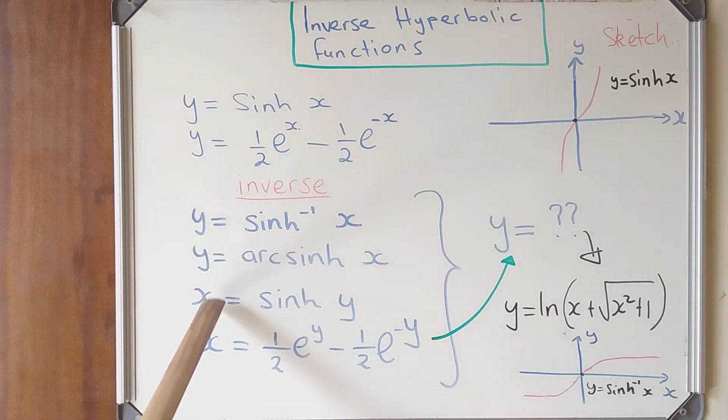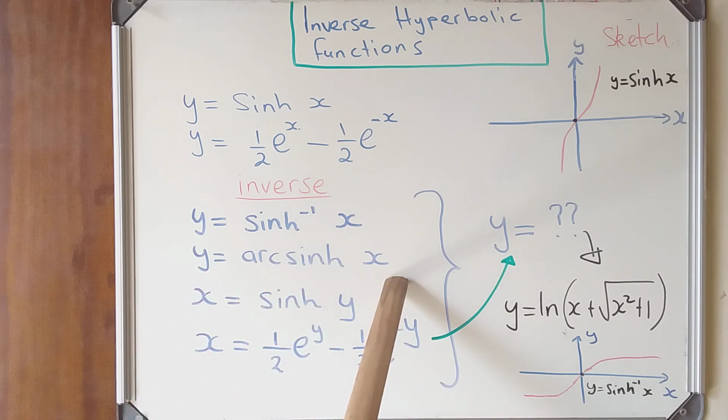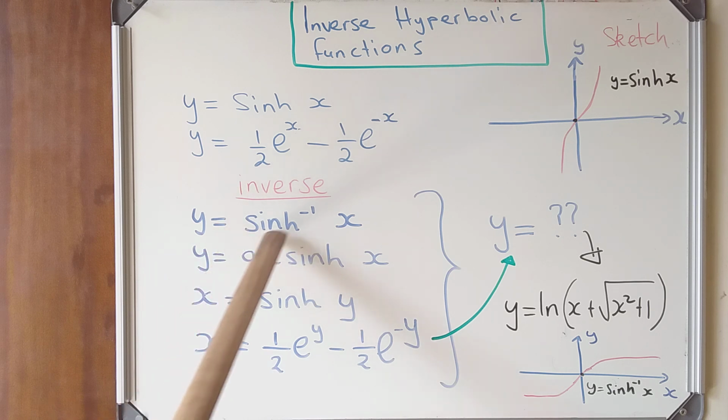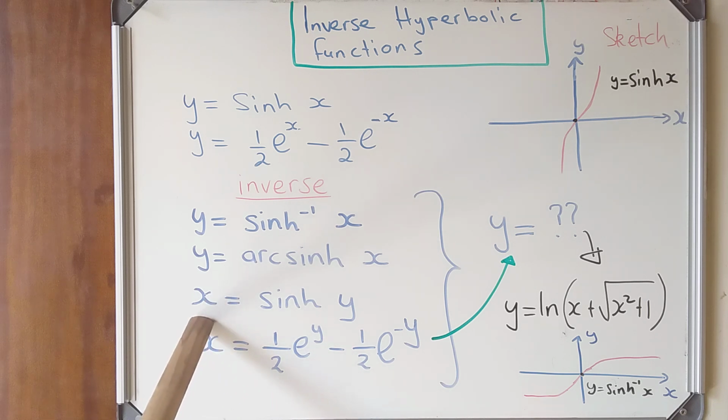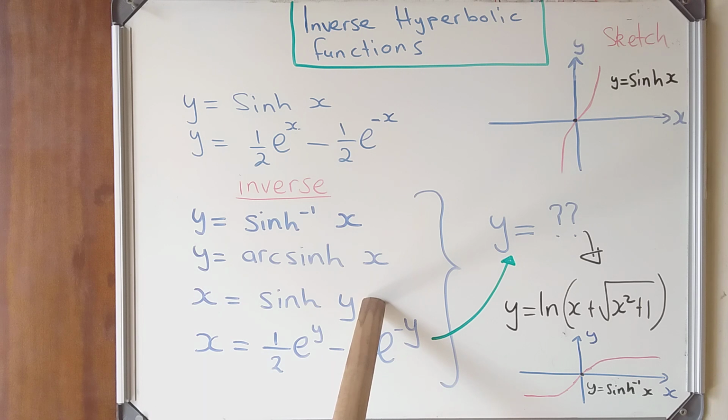And how can I write this in other words? In other words, it's y equals arc sinh x, or y equals sinh inverse x. So if we write it like this, x equals sinh y. It knows it's the inverse function of y. So what is x?